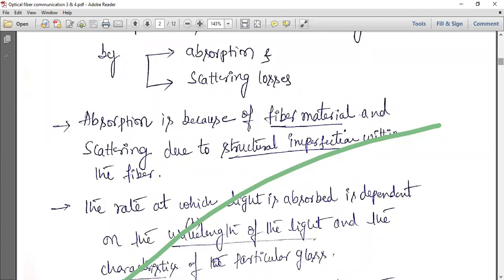If the signal scatters, some power may get into the cladding, which eventually leads to loss in power. So both absorption as well as scattering lead to signal attenuation. If the signal attenuation is more, you need more repeaters. When you need more repeaters, the system will be costly. That's why we are studying absorption and scattering.